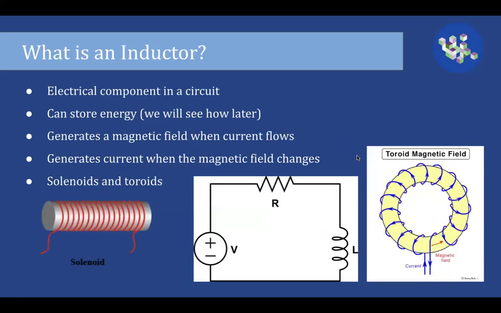All right. So here's a new circuit element you might not have heard of before. It's called an inductor. That name might seem a bit familiar because two weeks ago we learned about inducing currents.